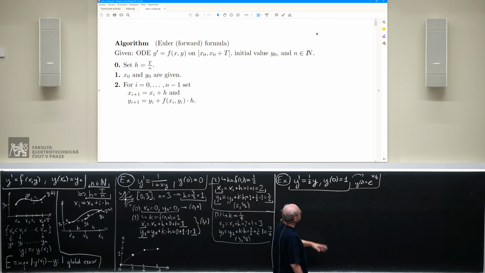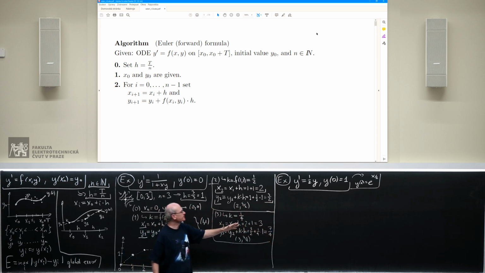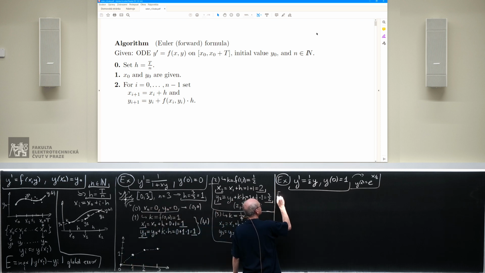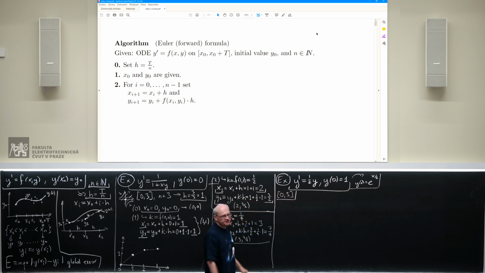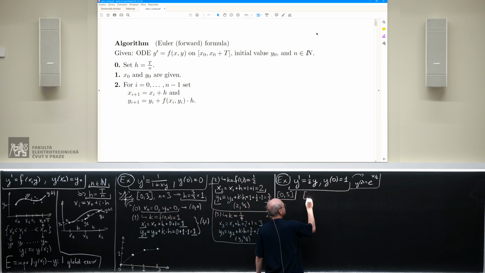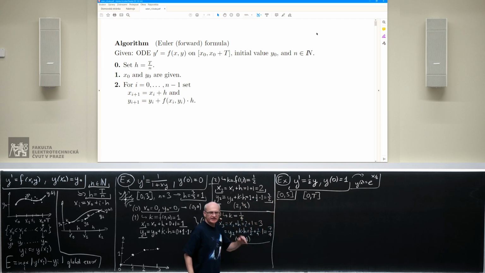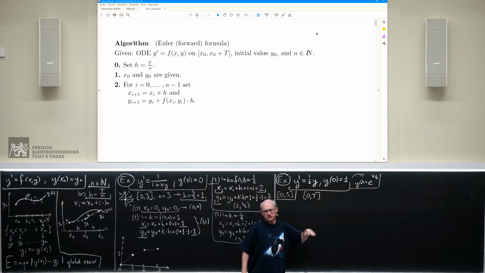Okay, now I'm going to solve it. And for the purposes of, let's say, visualization, I will be interested in the interval 0, 5. But in fact, this differential equation is so nice that I can do the numerical solution in a general setting. That's one of the advantages of exponential equations, that they are really nice to handle, and that's why they are used as test cases for new methods.